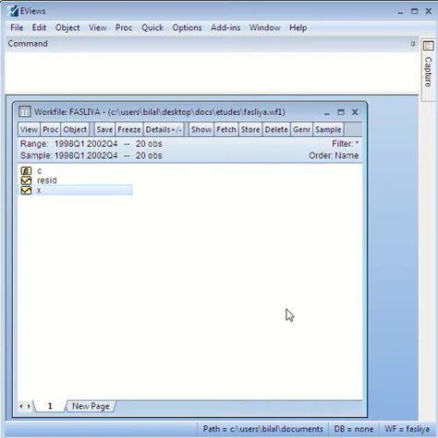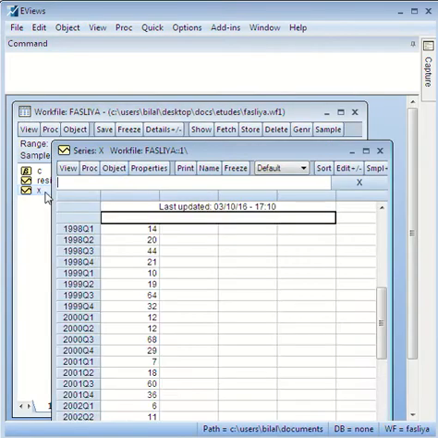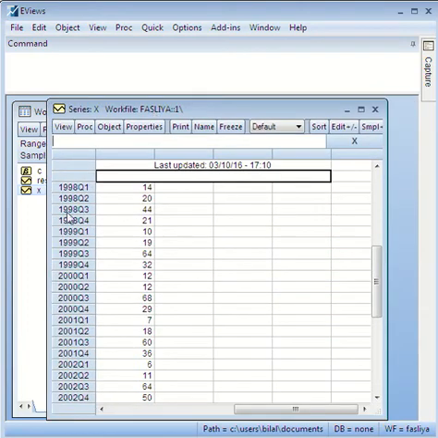Today I want to show you how to detect a seasonal component in a time series. We have this series that is a quarterly series.